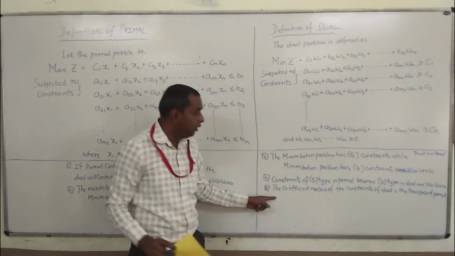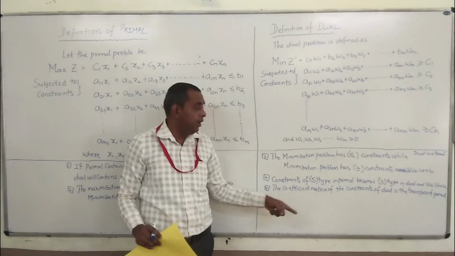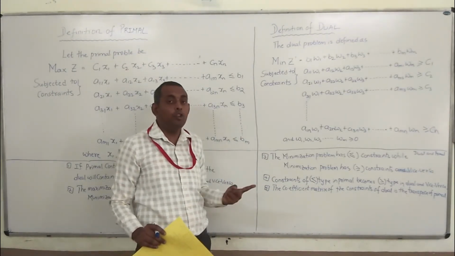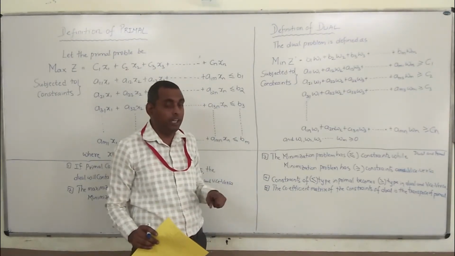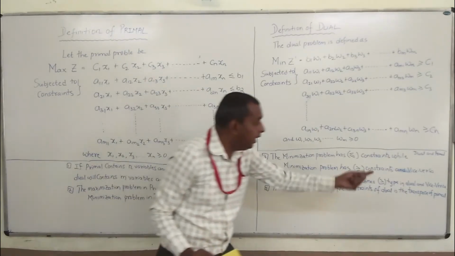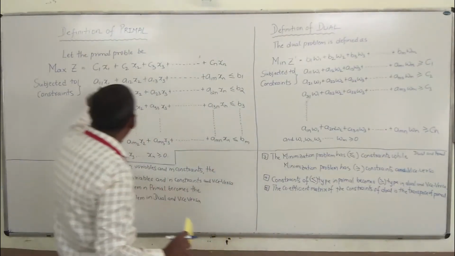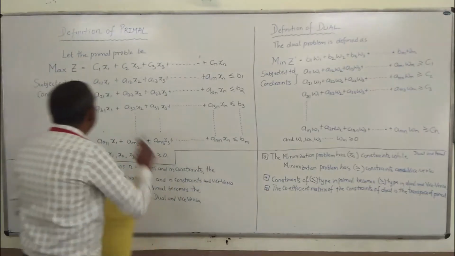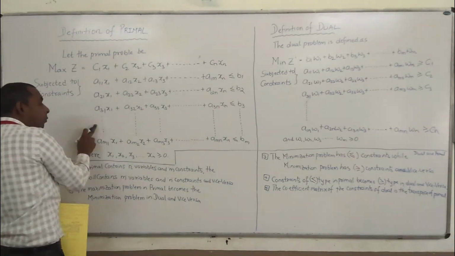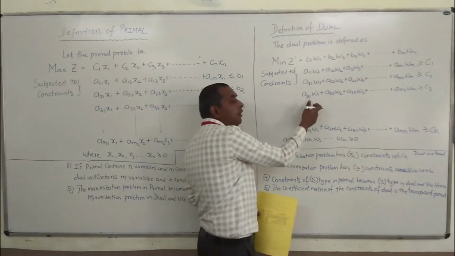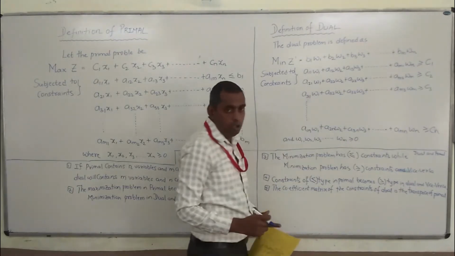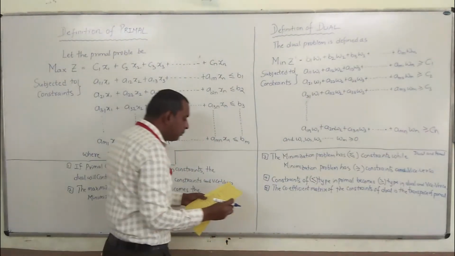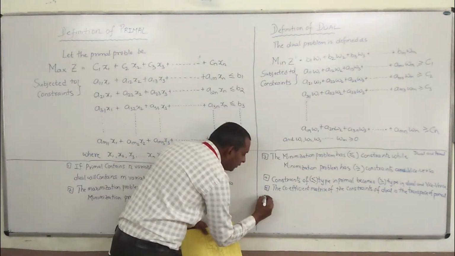Let me explain this one. The coefficient matrix of the dual is nothing but the transpose of the body matrix of the primal. This is the body matrix, so the transpose of this is nothing but the body matrix of the dual. Fine. Then comes the sixth one.